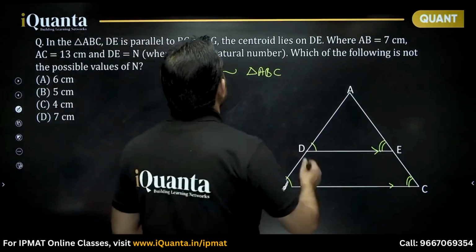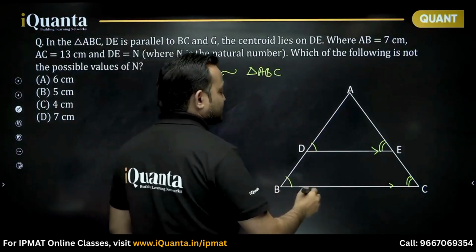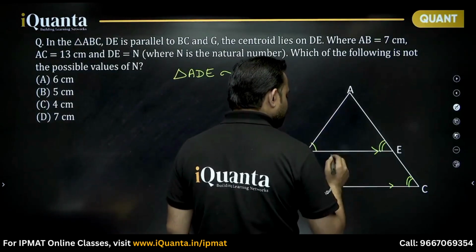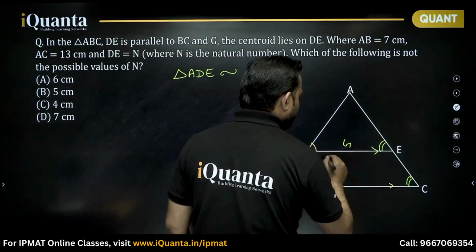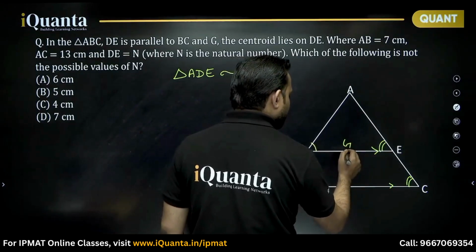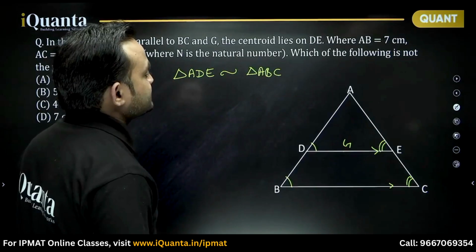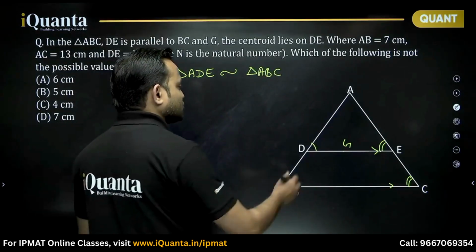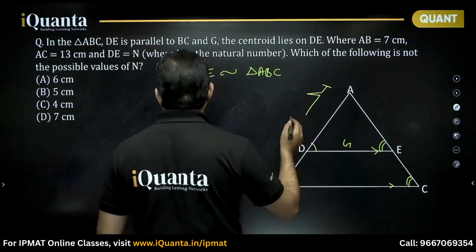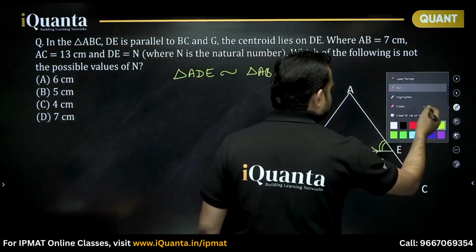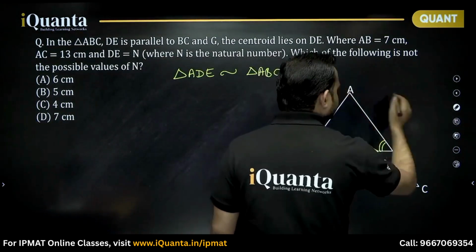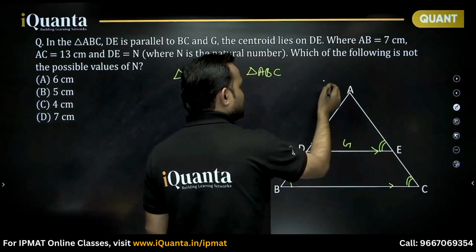Now it says G is the centroid, which lies on line DE. So let's say somewhere G is here. G is the centroid which lies on line DE, where AB is equal to 7 centimeters. So AB is given. AB is 7 centimeters. This length is given.